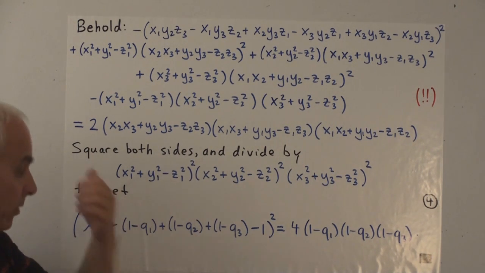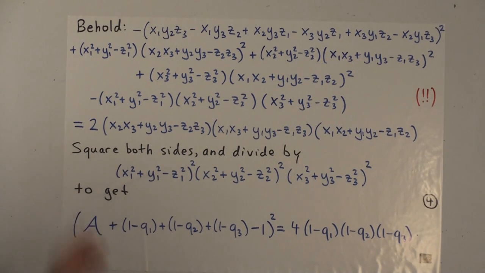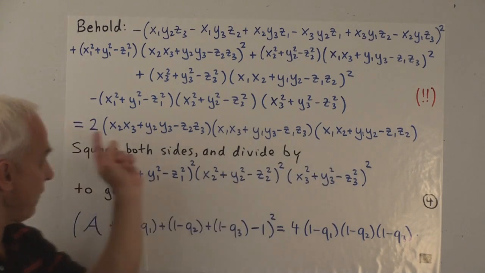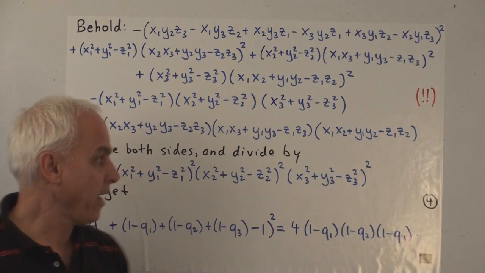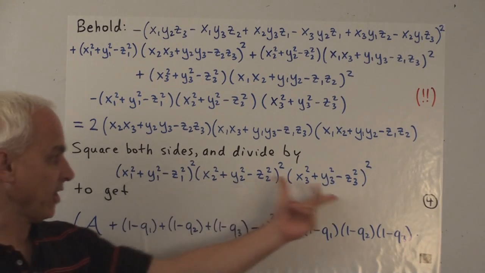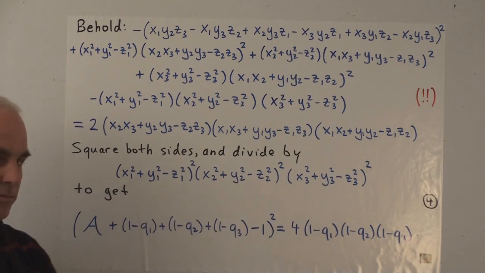And on the right-hand side, what do we get? Well, remember, now we're squaring this. So there's a 4 times this thing squared, times this thing squared, times this thing squared. And we're dividing that by this, times this, times this, with the squares.